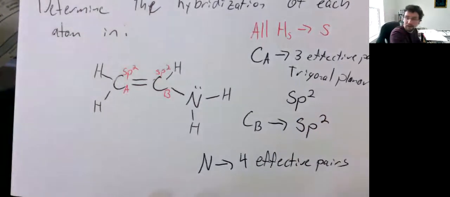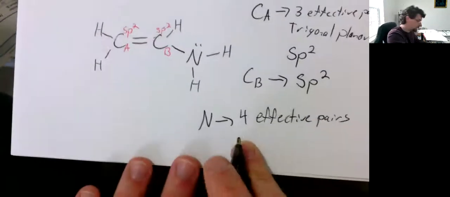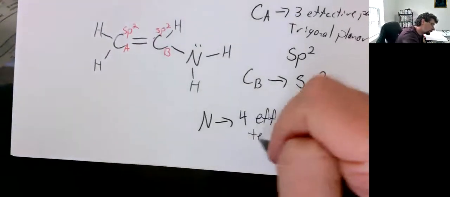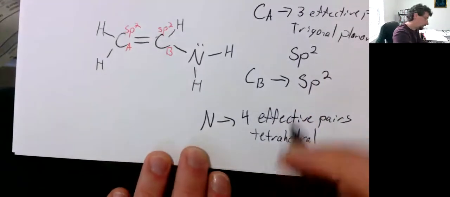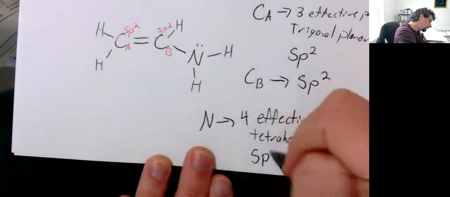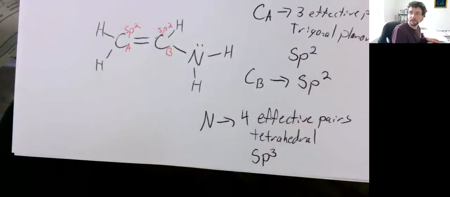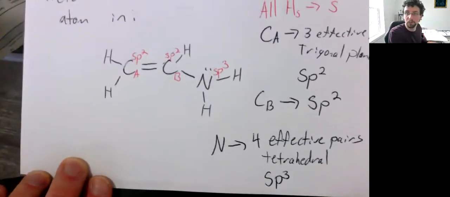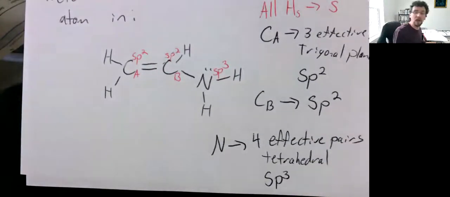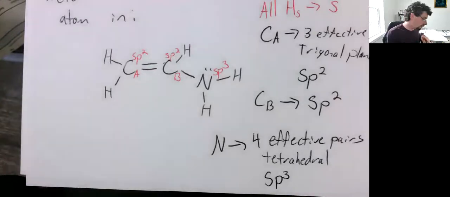Since we have 4 effective pairs, that means we have a tetrahedral electron pair shape, meaning an sp3 hybridized atom. So this would be an sp3 atom. Okay, so remember, those lone pairs are important.